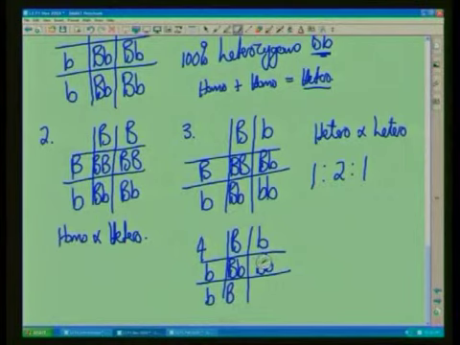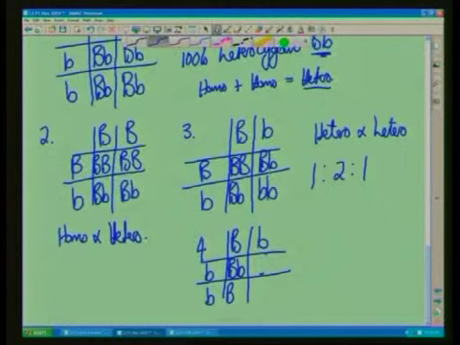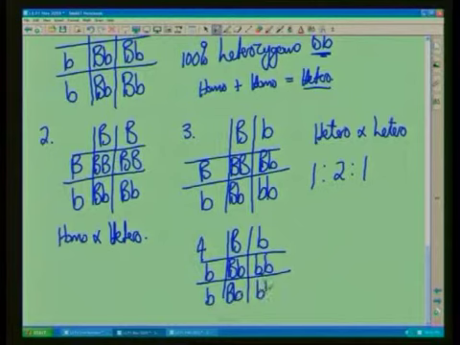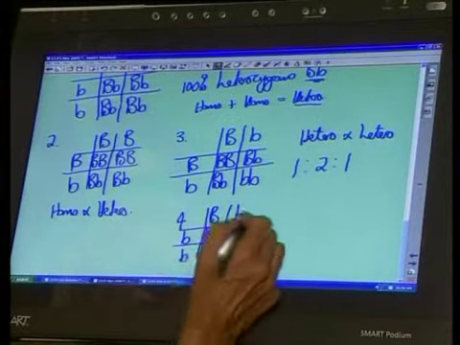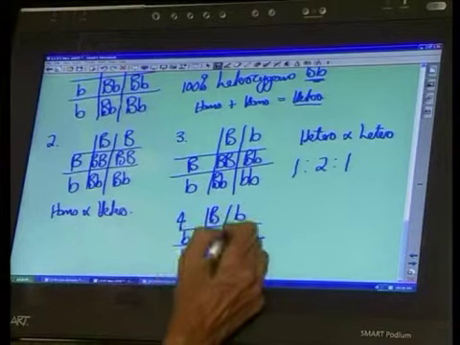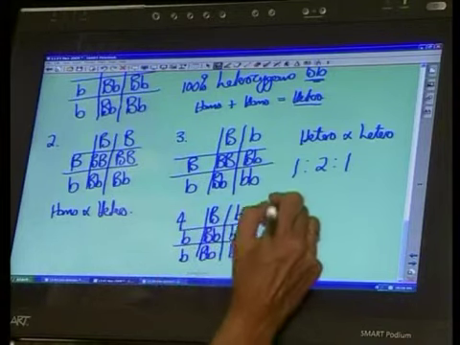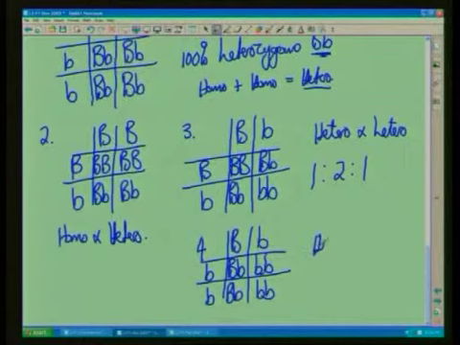Let's just clean this here quickly. This is going to be small b, capital B, and there I go. This will be 50-50 again. You see that? Yes. But here we'll have homozygous recessive and heterozygous. So this would be, again, a hetero times a homo. You with me? Yes, I am. Do you understand what I've done here?